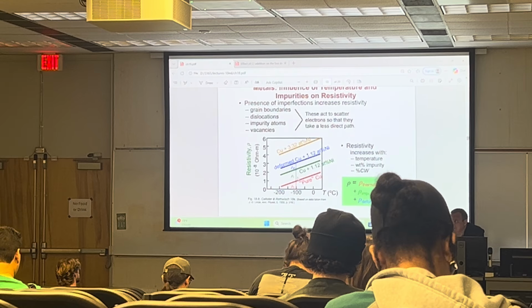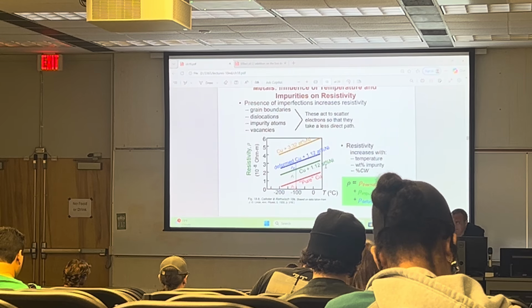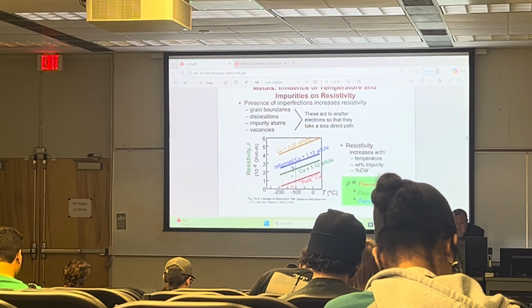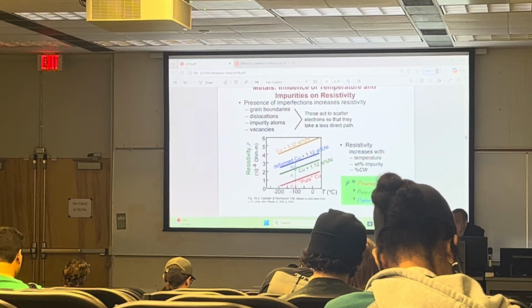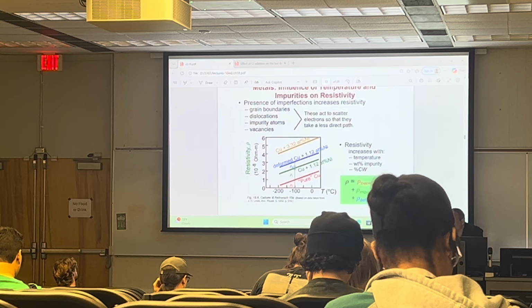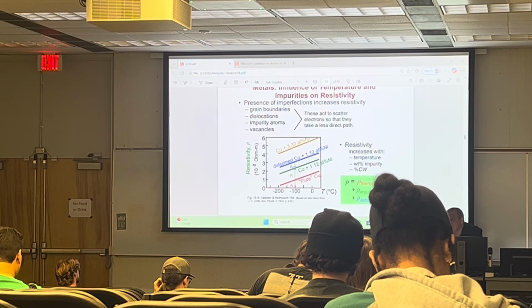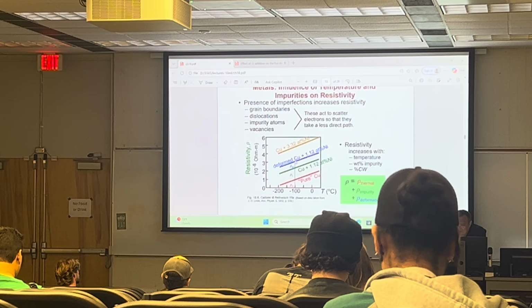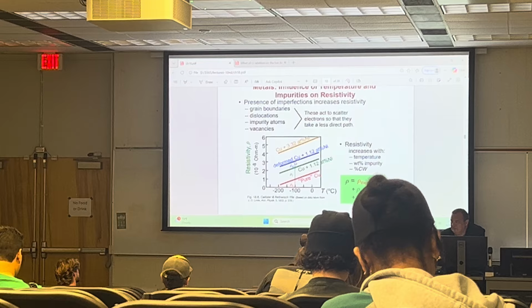As we add more nickel, 1 atomic percent, you can see that it is increasing. On top of that, for processing, to control the structure and the properties, we are deforming that wire. So on top of adding nickel, we're also deforming it, and then it goes up to even a higher value.